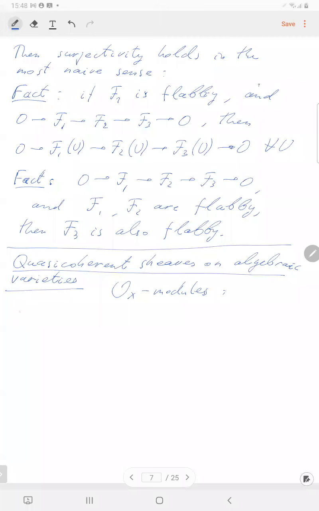So the sheaves F such that for any open U, the space of sections F of U is equipped with the action of the space of sections of the structure sheaf, in a compatible way.